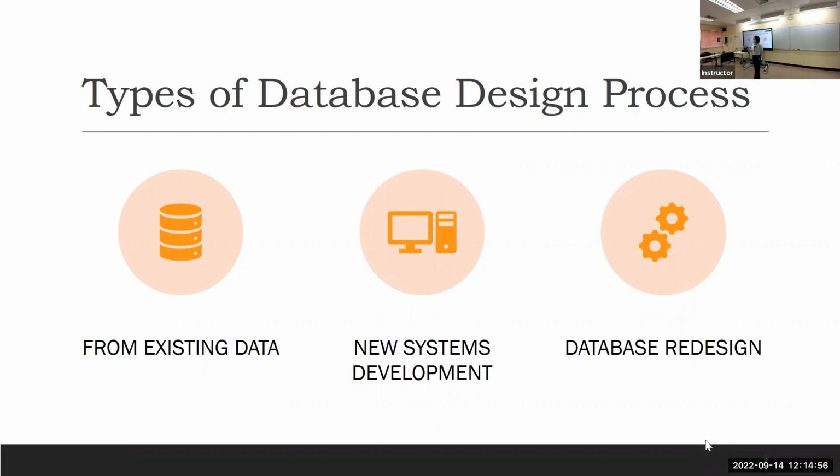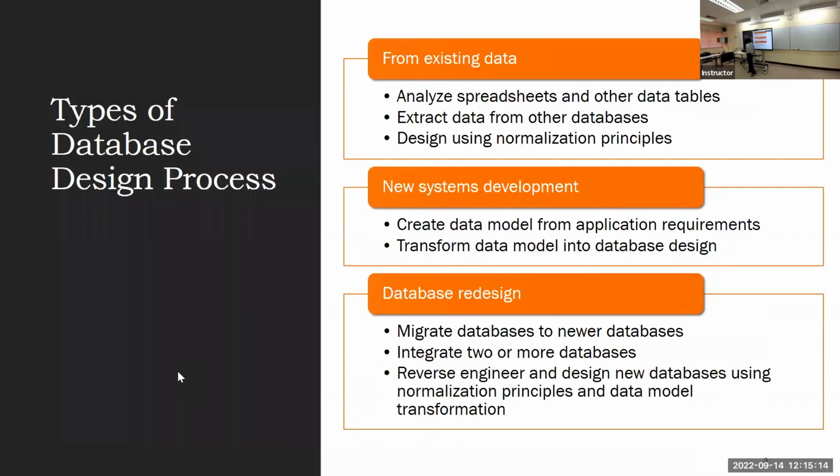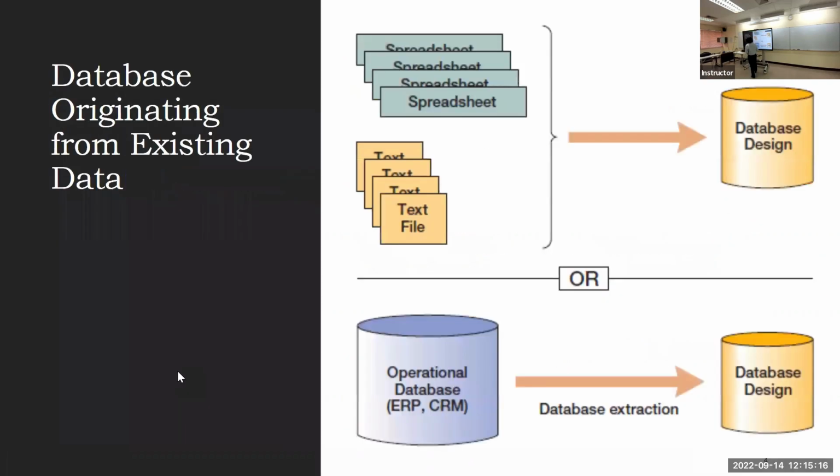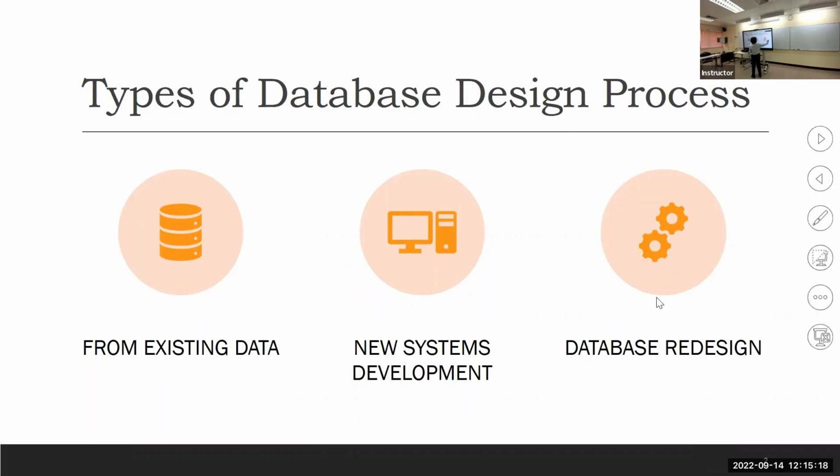When we apply the relational data model, and actually it could be thought of for other types of data model as well, we do have 3 types of design process. Whether you are designing a database from existing data, right?